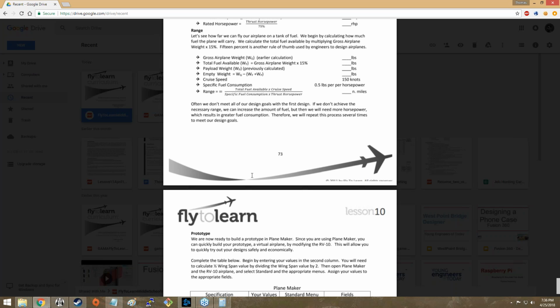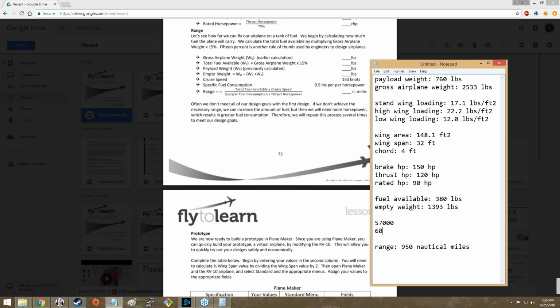That's not bad. For a little tiny plane, that's not bad at all. It'll take forever. I mean, 150 knots and 950 nautical miles, you can be flying for a while. But regardless, you could do it.